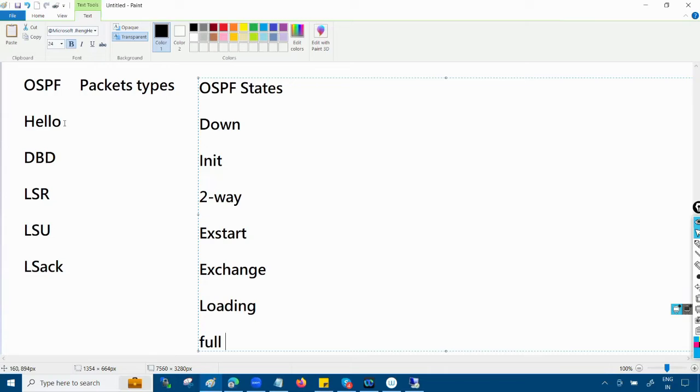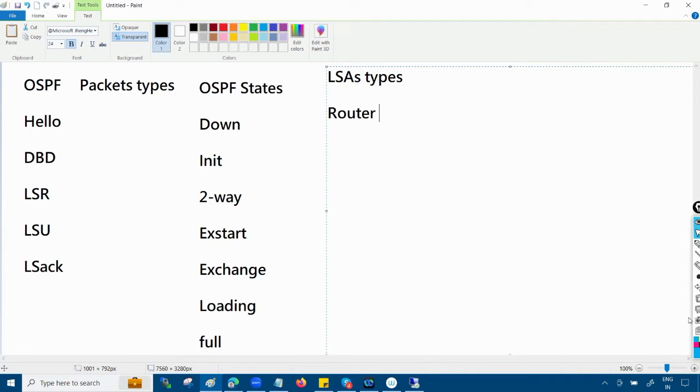Now, how about the LSA types? This is the beauty of OSPF. We have the Router LSA, then a Network LSA, then the Summary LSA.